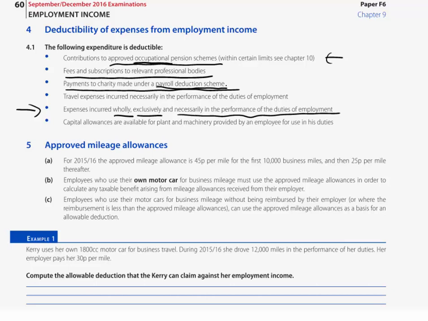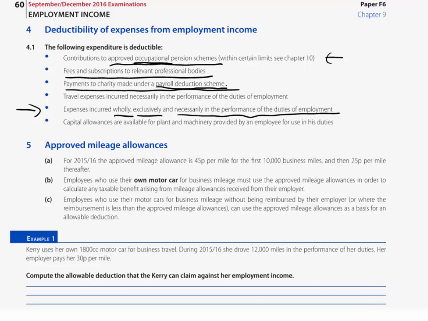Take the two away and you'd have net employment income of £17,500.